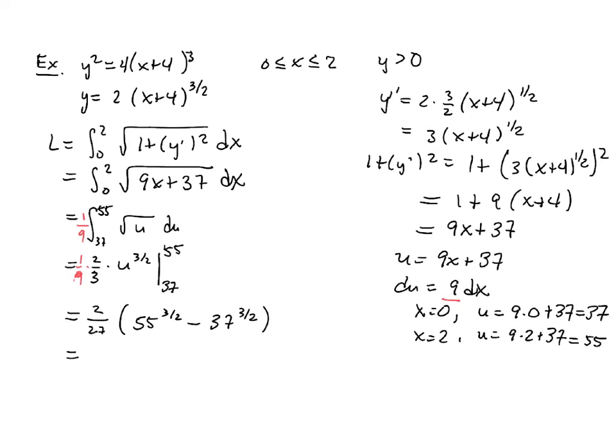And if you like, that simplifies to 2/27 times 55 square root of 55 minus 37 square root of 37. And then we have units here because this is supposed to be a length.